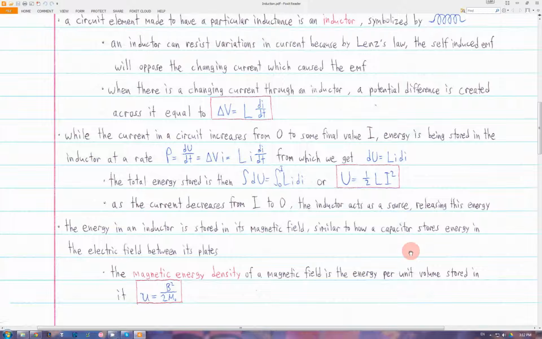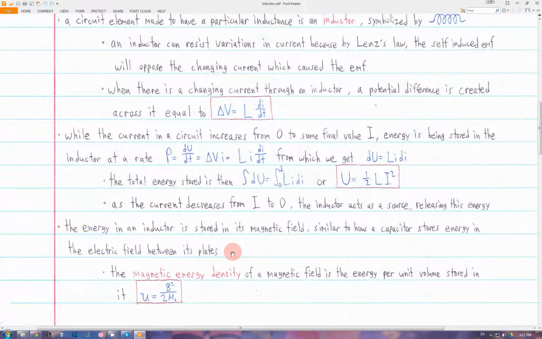And so it turns out this energy that's being stored in the inductor is basically being stored inside its magnetic field. Remember, when the current goes through the inductor loop, it creates a magnetic field. This is similar to how a capacitor stores its energy inside the electric field between its plates.